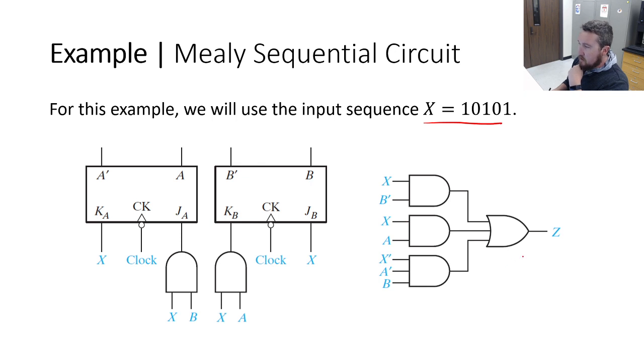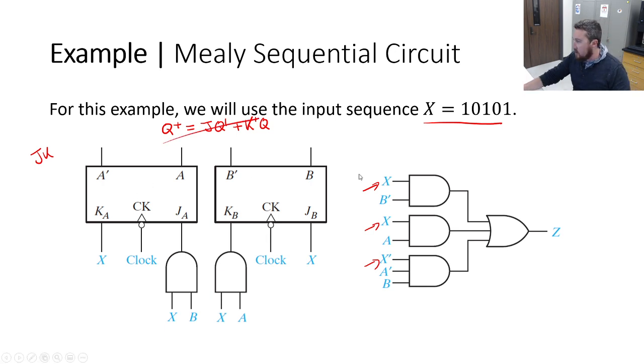So notice now that it's a Mealy one. We've got Z as a function of this logic circuit that also includes the input X. And also notice here that we have what are called JK flip-flops. Then the equation here is Q plus is equal to J times Q prime plus K prime and Q. So that means it's not one-to-one.